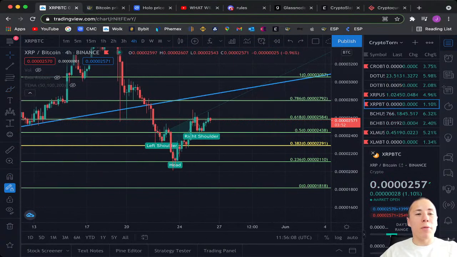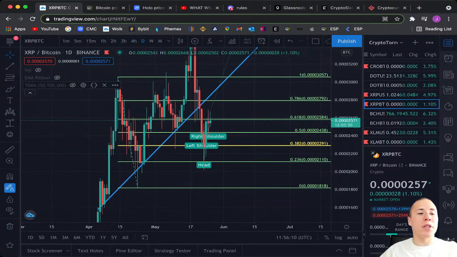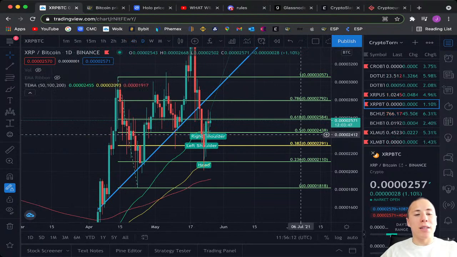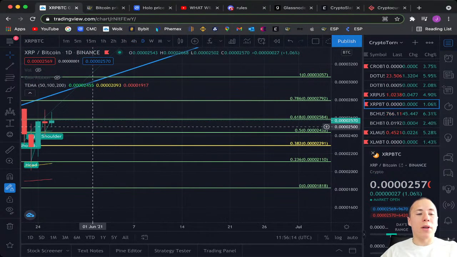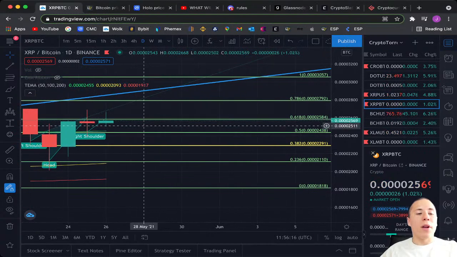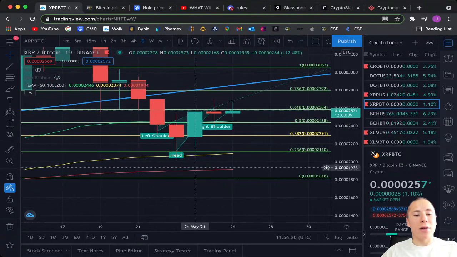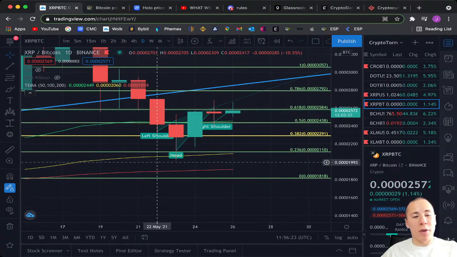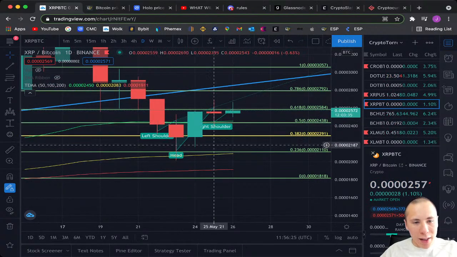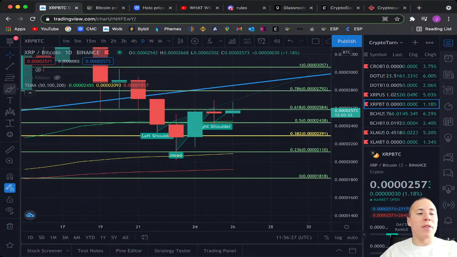So compared to Bitcoin, I would like to enable as well the moving averages, and what we're seeing is that we are finding support on top of the 100-day moving average once XRP broke towards the downside, and also the wick found support on top of it, but it also is right now finding support on top of the 50-day moving average.